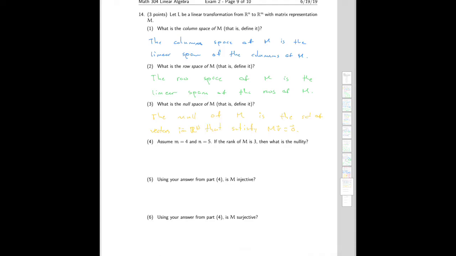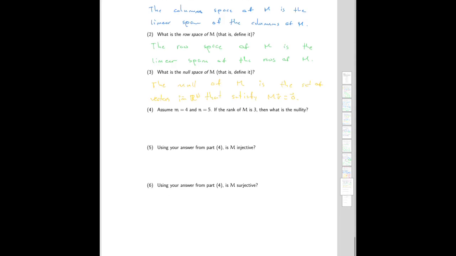Okay, now I'm going to do number 4. So assume that m is equal to 4 and n is equal to 5, and the rank of M is 3. Then what is the nullity? Well, we're going to use the nullity plus rank theorem. So the nullity plus rank theorem says that n is equal to the nullity plus rank.